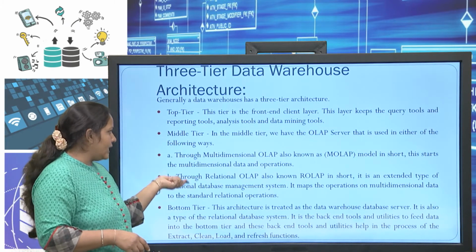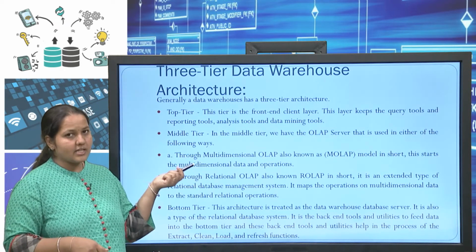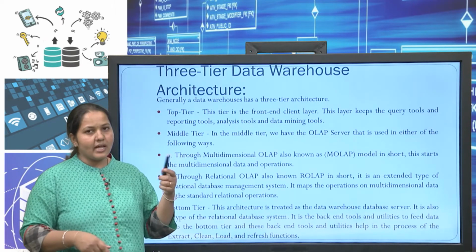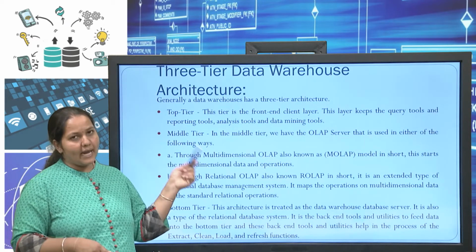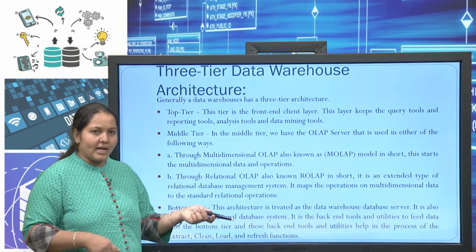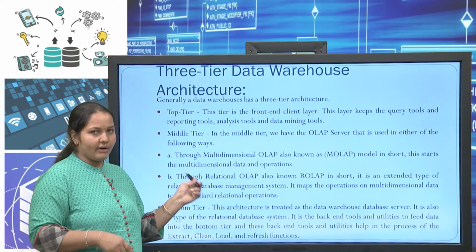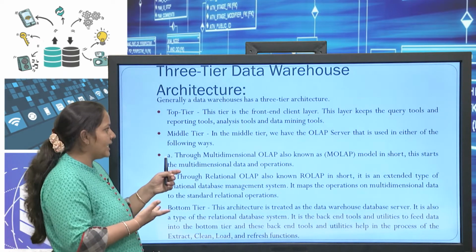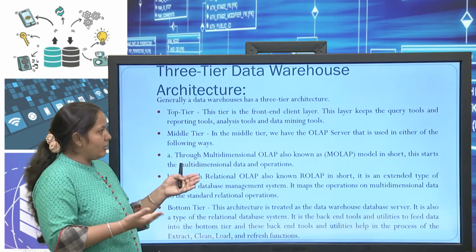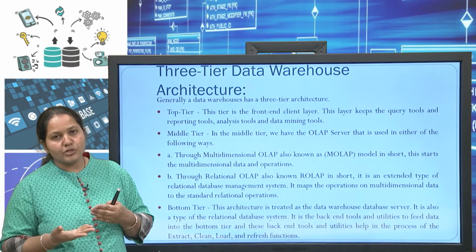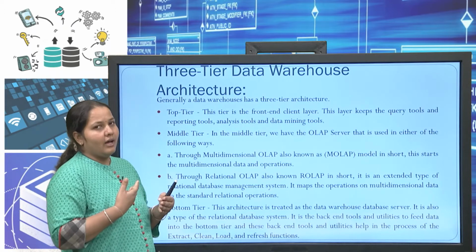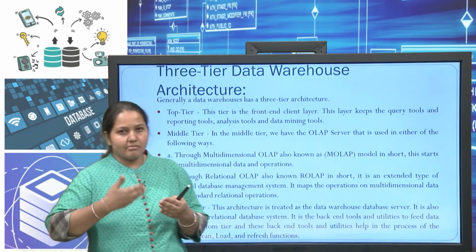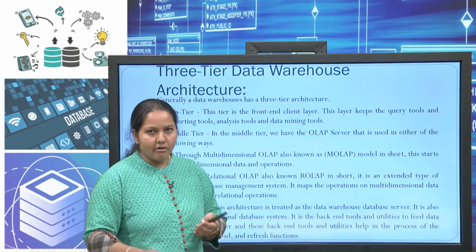The middle defines the online processing system, using H, which means hybrid OLAP, or M, multi-dimensional OLAP, or R, relational OLAP. And the top tier is the application or client layer, where the mining tools, query tools or analytical tools are there, which make decisions using your data.